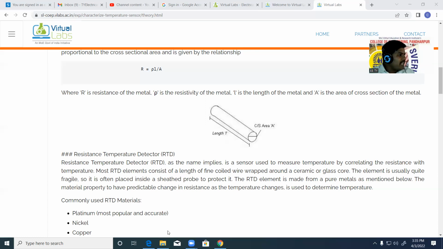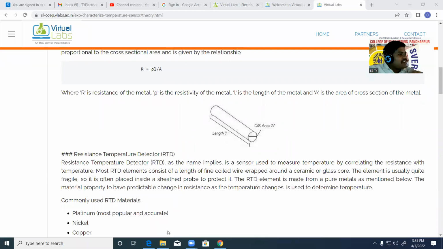It consists of a length of fine coiled wire wrapped around a ceramic or glass core. I think you people have seen a heating element, a stove, with ceramic material on which the coil is wound.